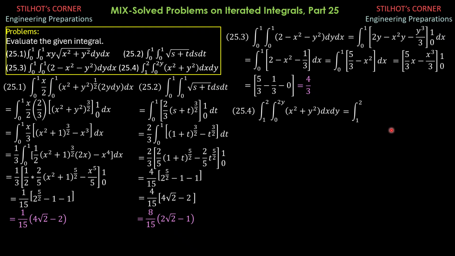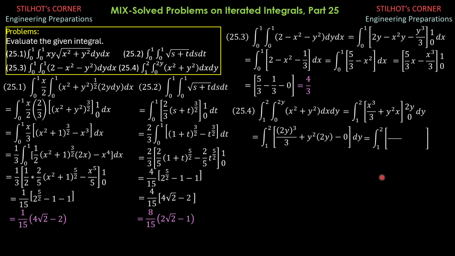So integral 1 to 2 of the quantity 2y cubed over 3 plus y squared times 2y, minus lower limit 0, dy. So this would be integral 1 to 2 of 8/3 y cubed plus 2y cubed dy. Combining, that would be 14 over 6 integral 1 to 2 of y cubed dy.